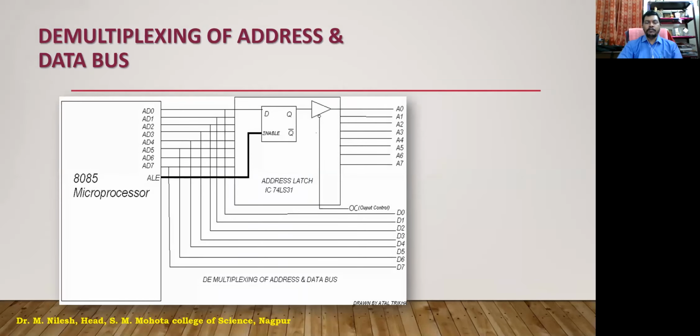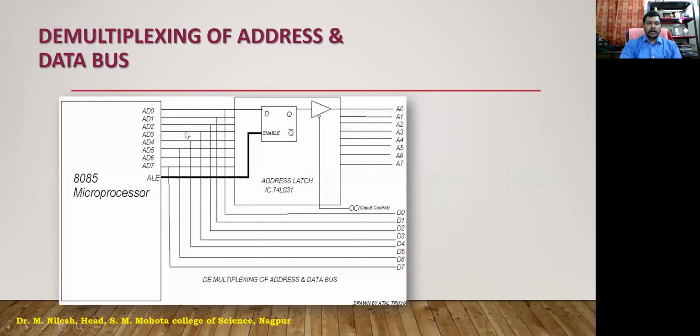Now what we were talking about was the multiplexing of address and data bus. So we are having 16 lines for that. The A15 to A8 are the simplest 8 wires, which are specifically used only for the address of the memory location.